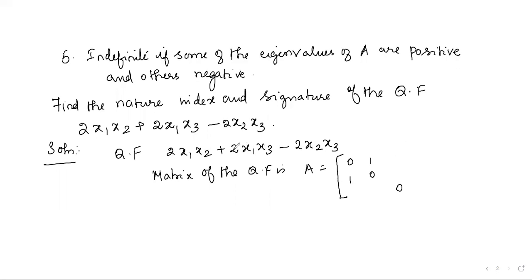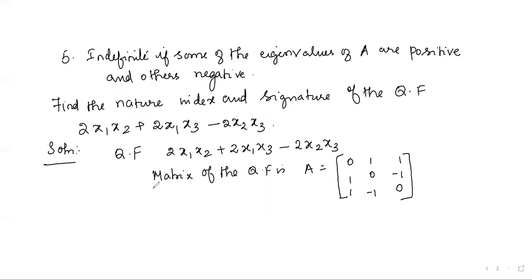Dividing the coefficient of x1x3 by 2, you will get 1. a13 is 1, so a31 is also equal to 1. And the coefficient of x2x3 is minus 2, so the entry a23 is minus 2 by 2, therefore minus 1. a23 is the same as a32. So this is the matrix of the quadratic form.